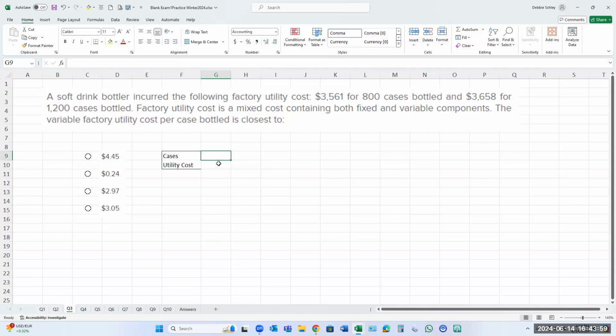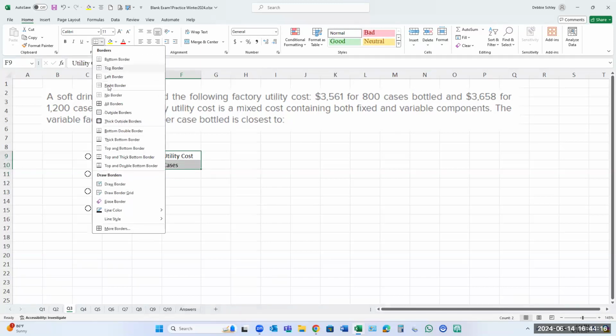So my utility cost, actually, I'm going to change this. We'll put utility cost on the top and cases on the bottom. And you'll see why in a second.